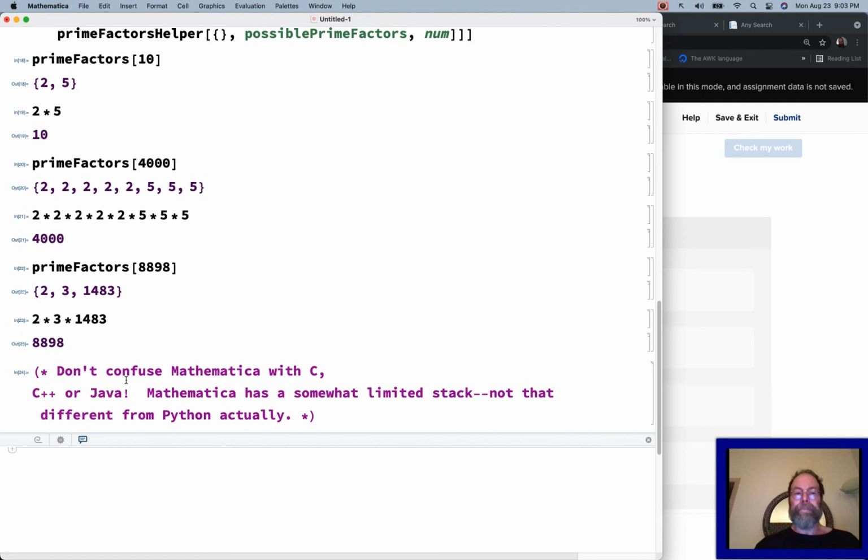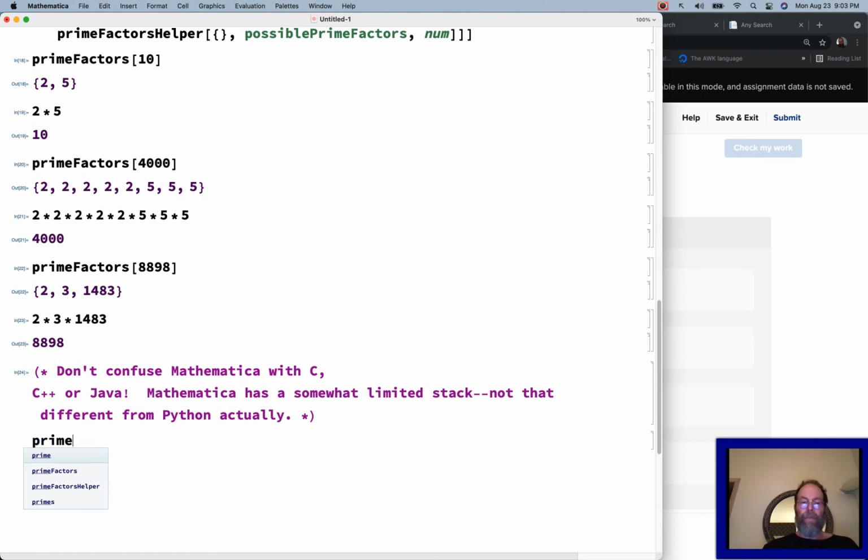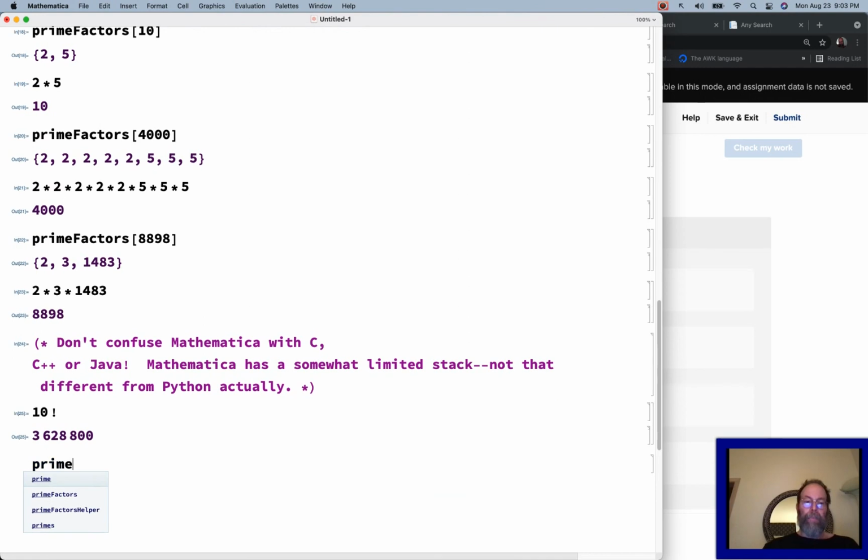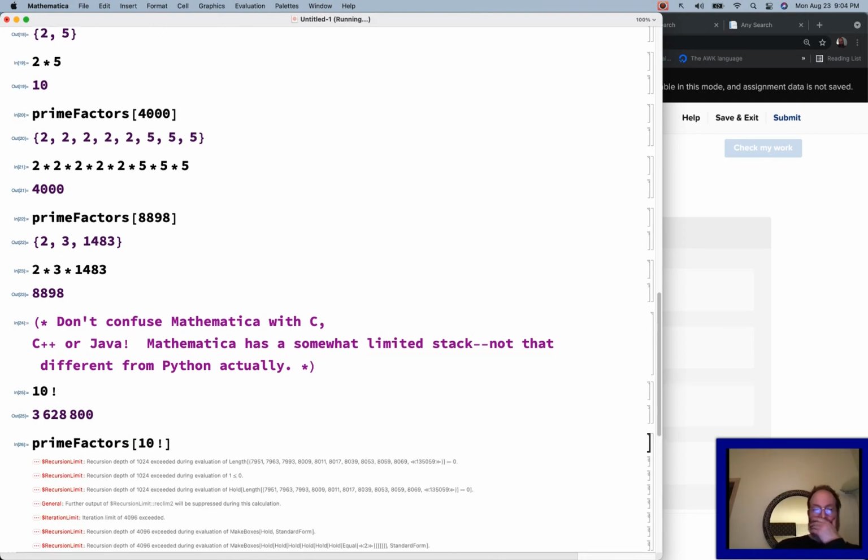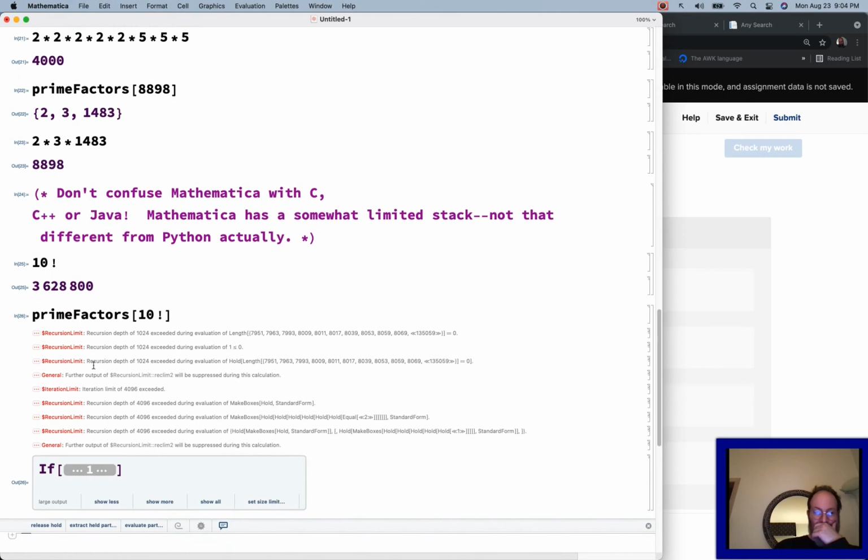Okay. What if, so 10 factorial is this number. Prime factors, 10 factorial. This won't be pretty. Shift enter. It says recursion limits.